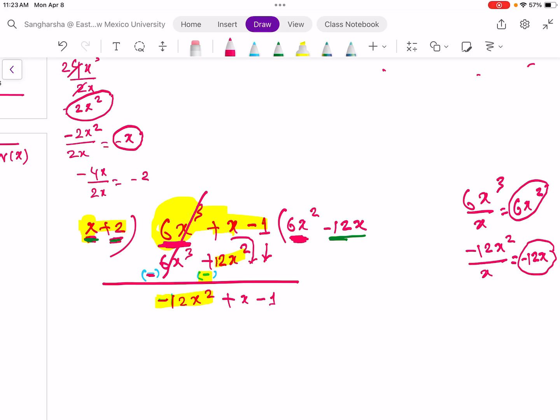Negative 12x times x is negative 12x squared. Negative 12x times positive 2 is negative 24x. We change sign, so both become positive. This is 0. Positive x plus 24x is 25x. We have negative 1, so let's drop negative 1.